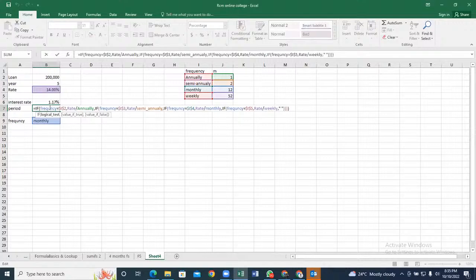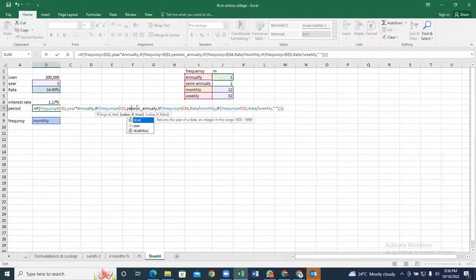I just come here. If it is equal to that, I'm going to change that rate to year. And then I multiply them. Then I multiply by semi-annually.